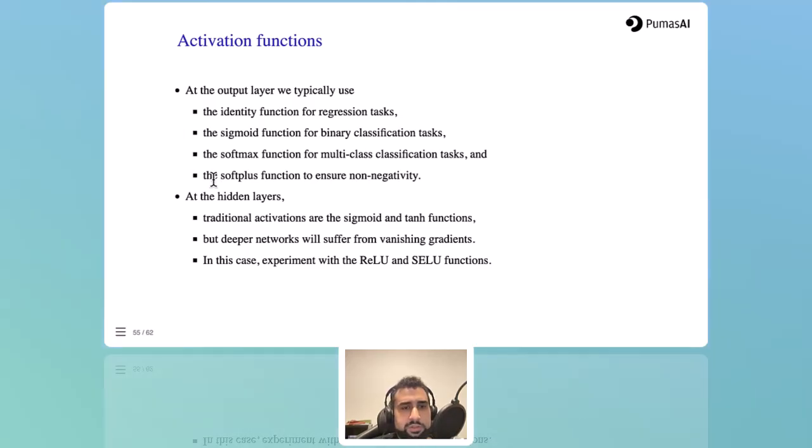So the softplus function is useful. You can also use exponential, but sometimes exponential has problems when the values get too large. If the inputs are too large, then exponential will give you a very large number. And if the inputs are too large on the negative side, then the exponential function will underflow very quickly and give you something very close to zero. So you can think of softplus as a nicer alternative to the exponential function that has nicer numerical properties.